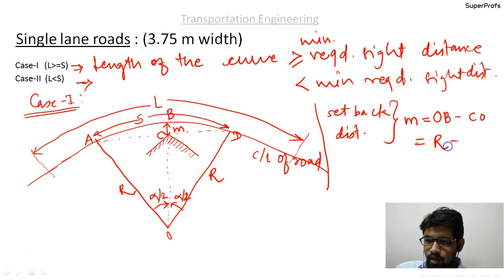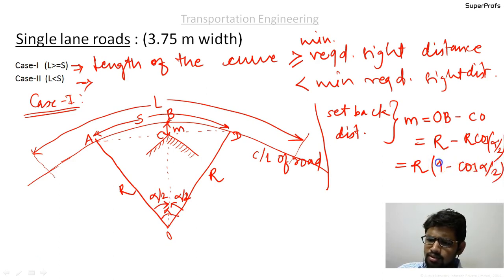OB is equal to R, and OC is R cos of alpha by 2. This complete angle is alpha, and half of it is alpha by 2, so m will be given as R into 1 minus cos of alpha by 2.